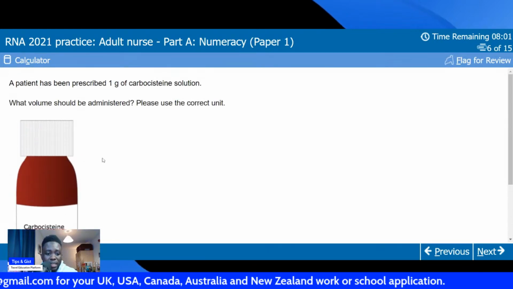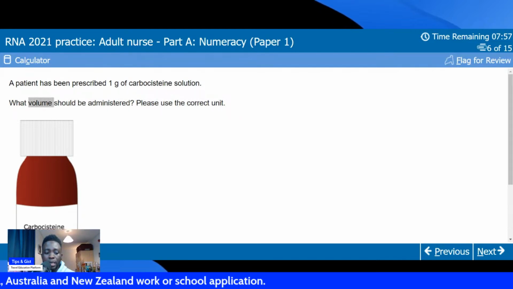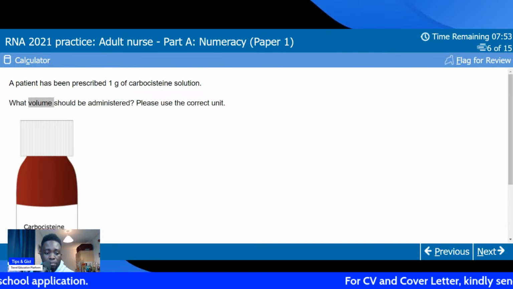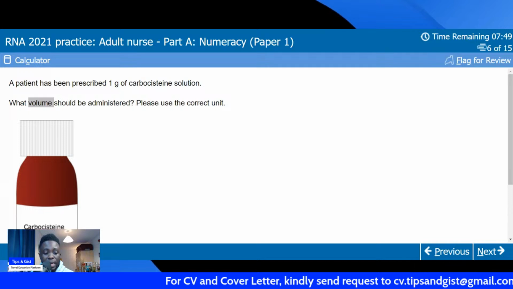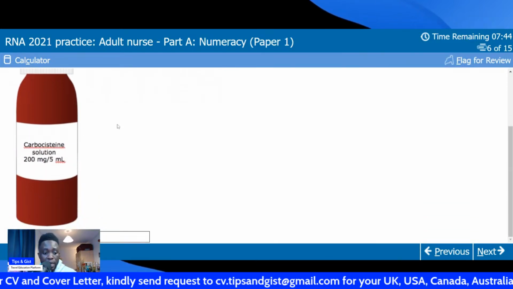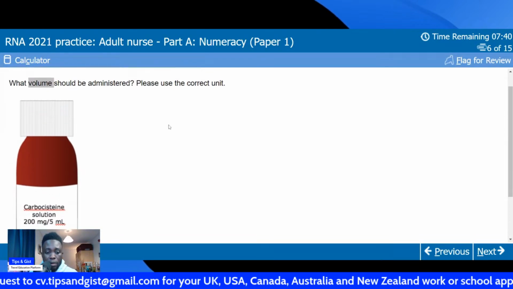Now somebody is asking what volume. Immediately you see volume, it should be in mils, right? They didn't say dosage, they say volume, so it should be the quantity, the mils.